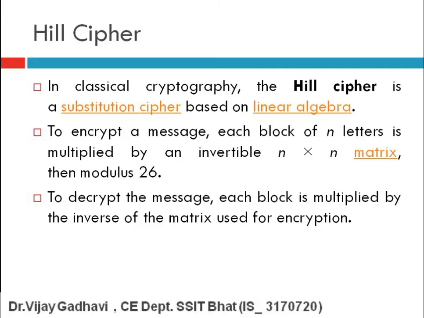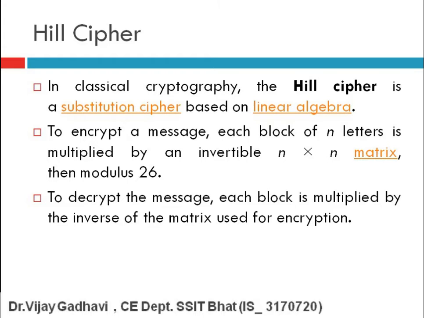This can also be expressed in terms of row vectors and a matrix, where C and P are row vectors of length 3 representing the plaintext and ciphertext. K is a 3 by 3 matrix representing the encryption key.